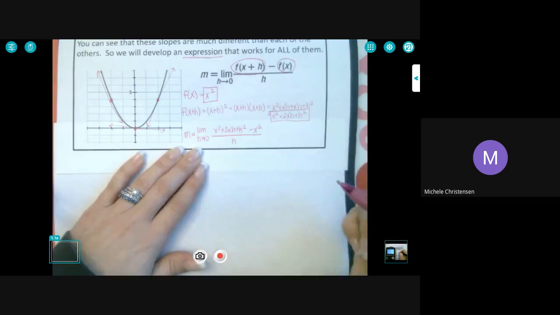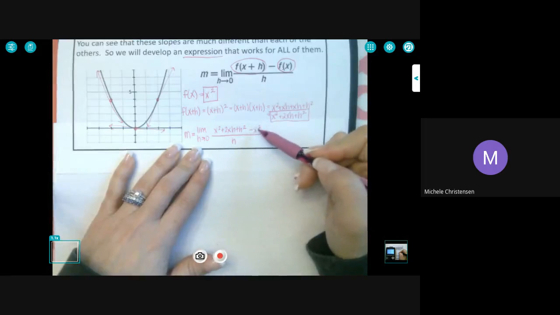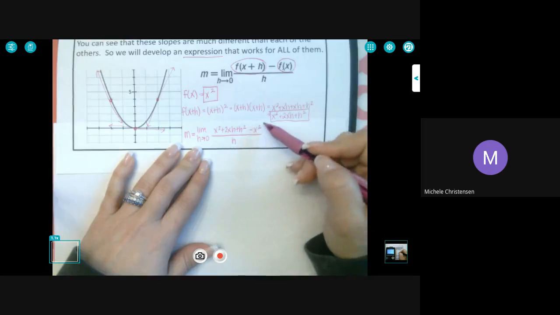You want to make sure you always use parentheses around this second expression, especially if it's more than one term, because you'll have to distribute the negative.